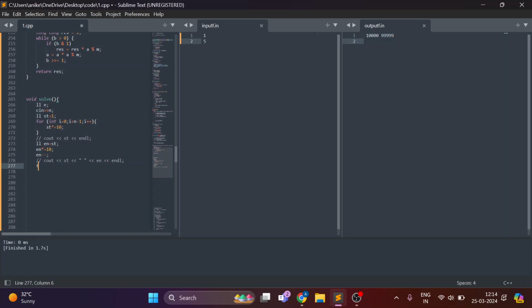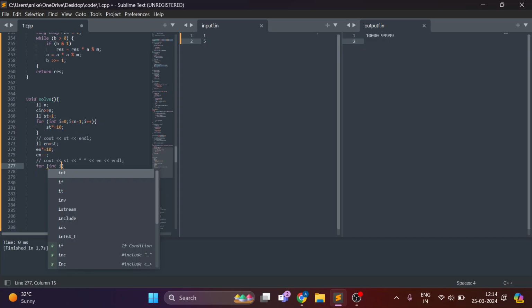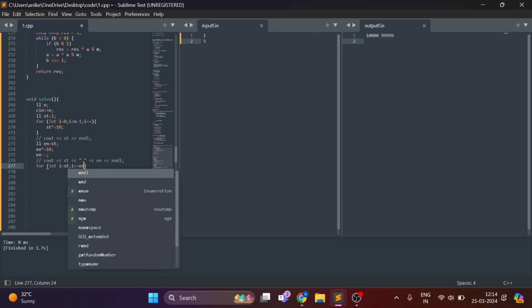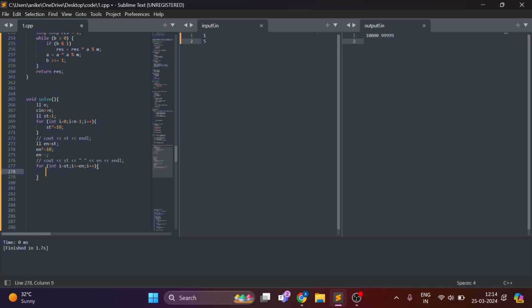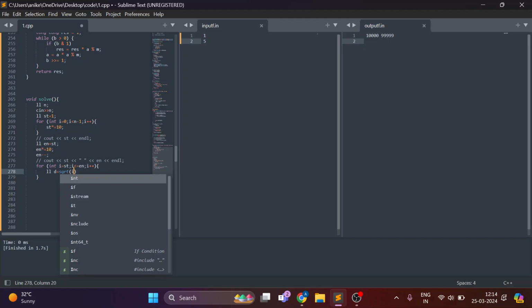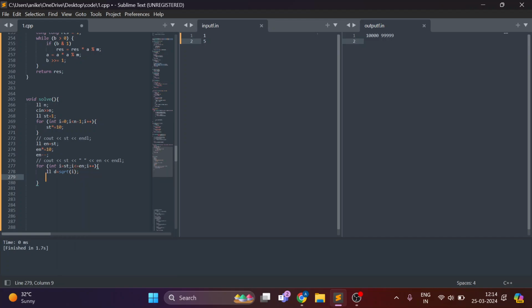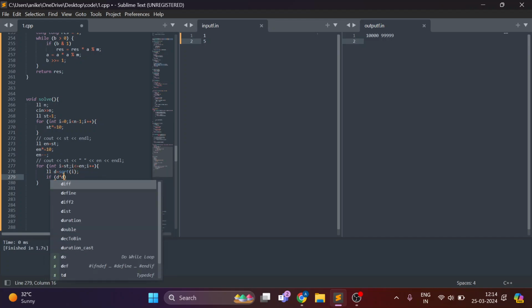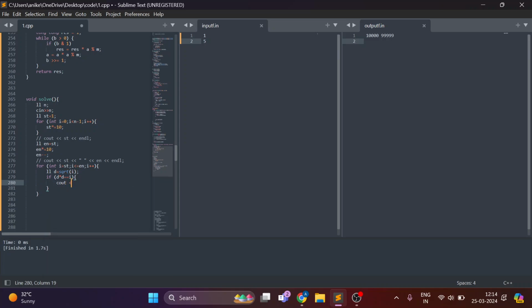Now I will iterate over all the numbers and check if each is a square or not. How to check this? I will first calculate the square root of i and check if d times d is i itself, and if it is, I will just print i here.